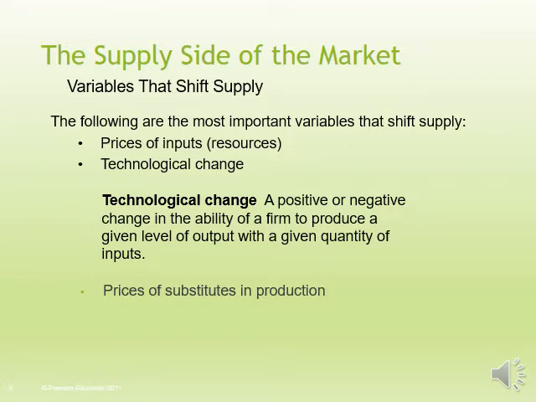So the price of substitutes affects the supply. So if the salary of an IT help desk person goes up, then the supply of websites in the website market will decrease. The curve will shift to the left.